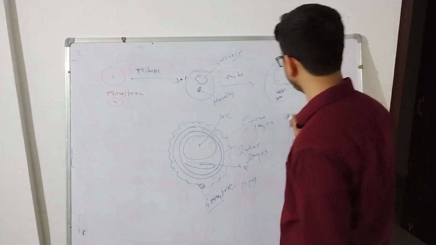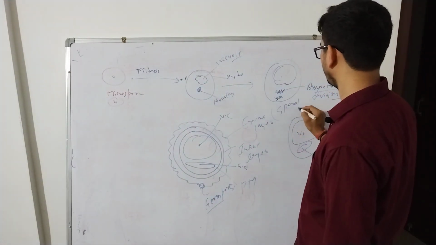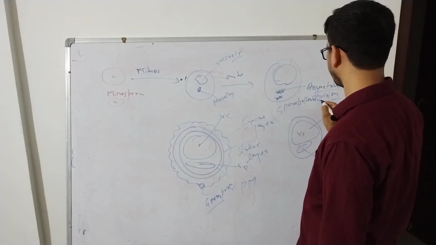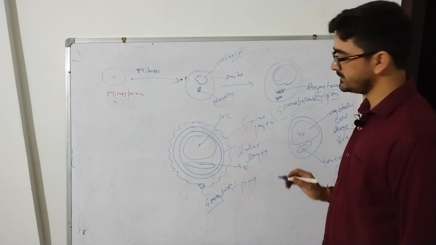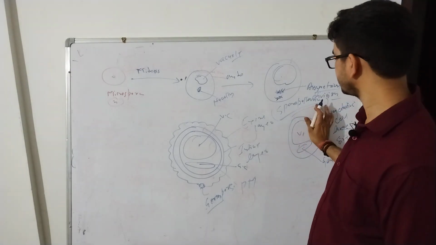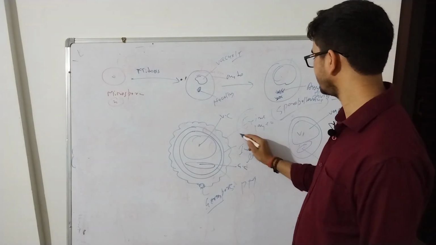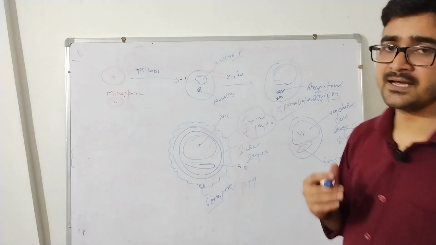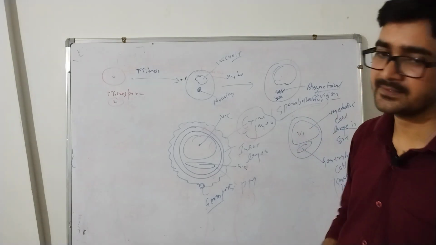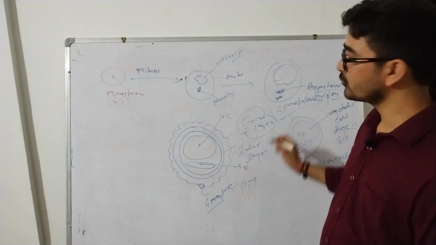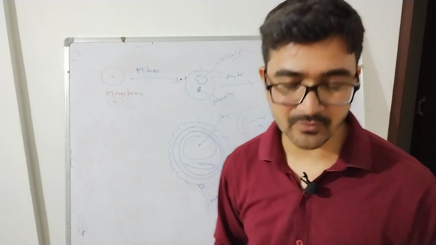The exine layer is made up of sporopollenin. From this portion, many times questions come about the exine layer. What is exine? The exine layer is made up of sporopollenin, okay? And sporopollenin is a compound.